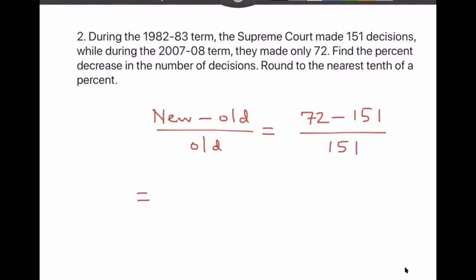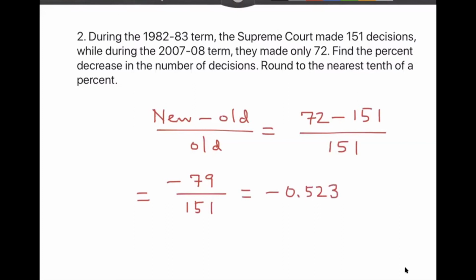Now, 72 minus 151 is negative 79. The negative just reflects the fact that it is a decrease. So as soon as we incorporate the word decrease in here, we will drop the negative sign. 79 divided by 151 is about negative 0.523.